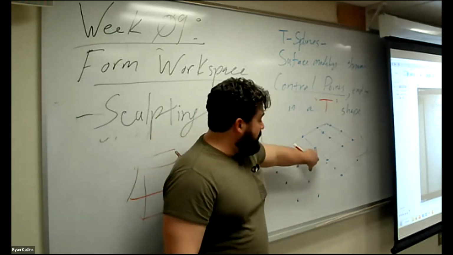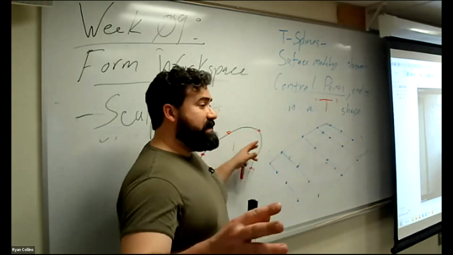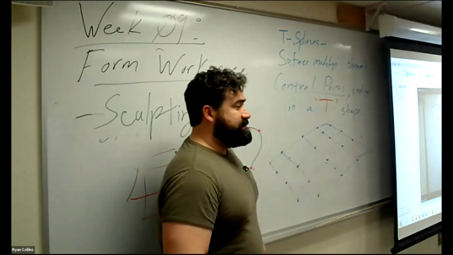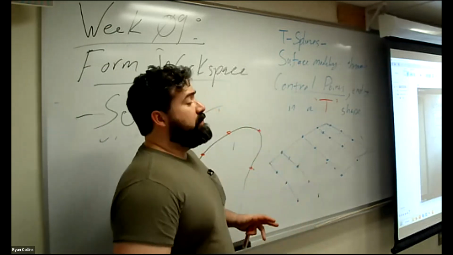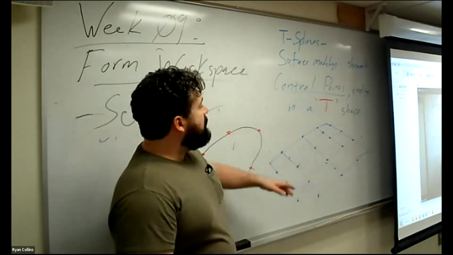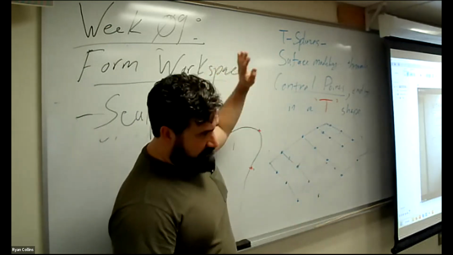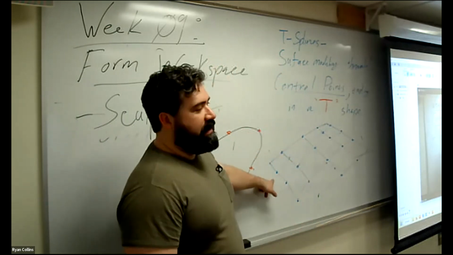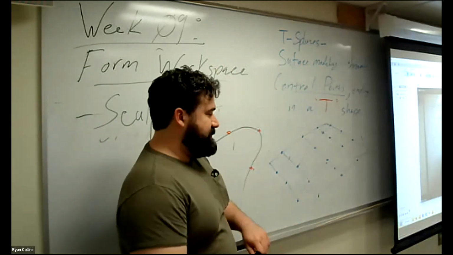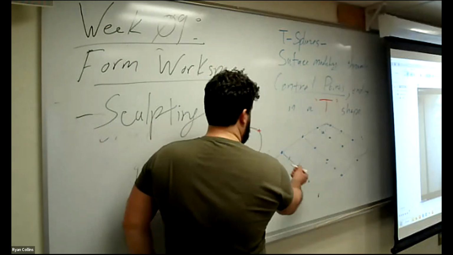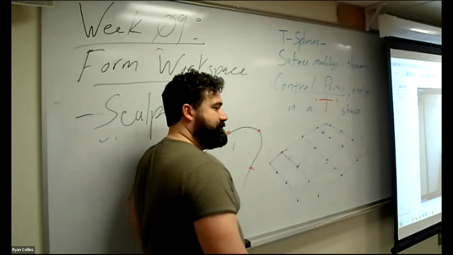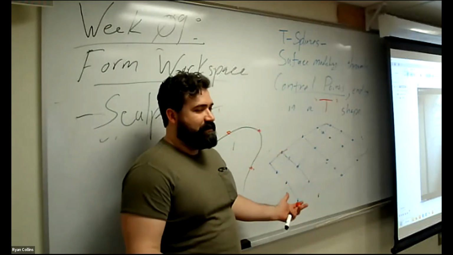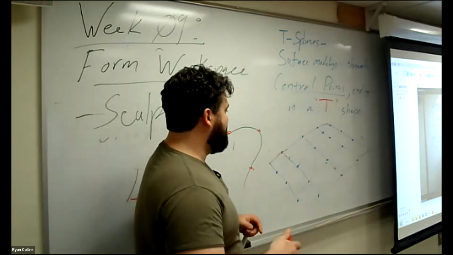You can take any of these points or the entire thing as a whole, or the lines in between, and manipulate those. Now, of course, you can isolate these. And just so you know, as far as if it's itching in your head, it's called T-splines because they end in a T. It's very clever. Whatever, doesn't matter.